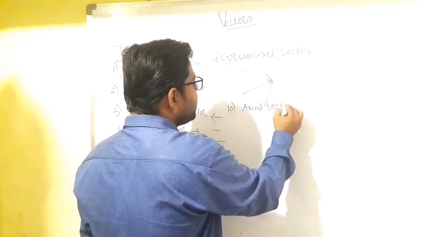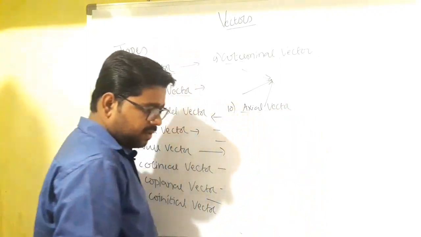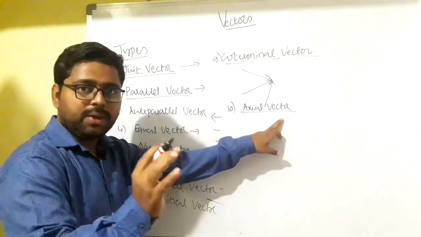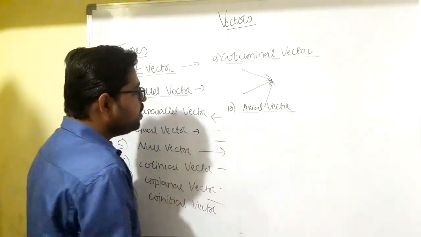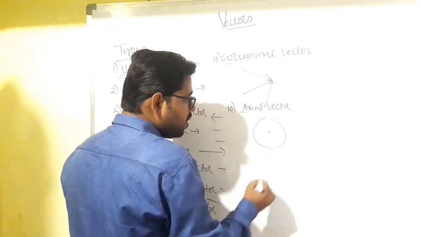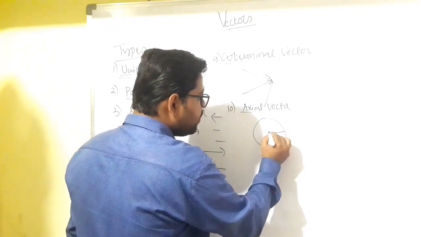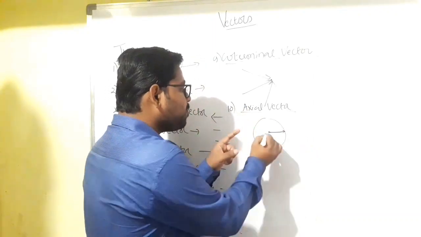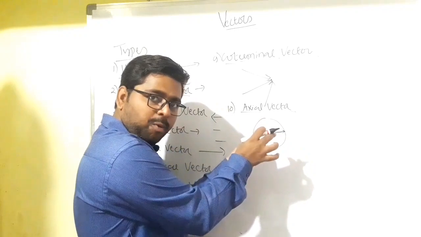Axial vector. Axial vector means, see, these are the vectors confined to a rotation about a particular axis. That means what? See, here is a circle. This is the point. From this point to this, if we draw one vector, it is fixed at this particular point only.